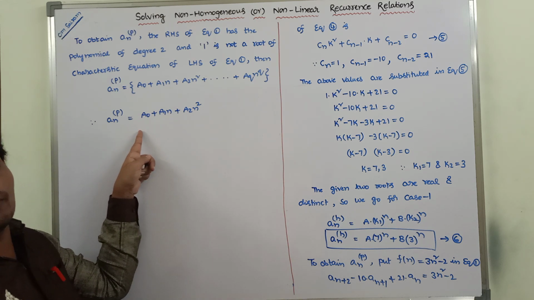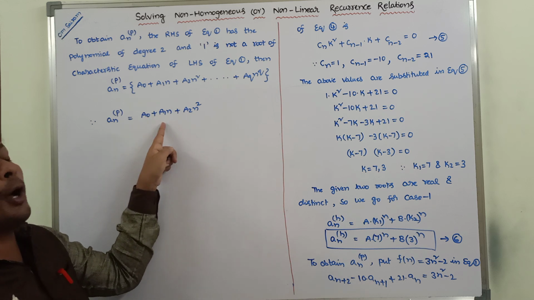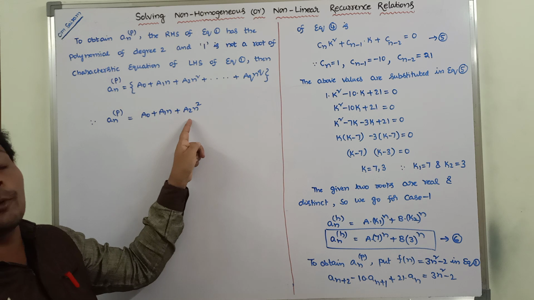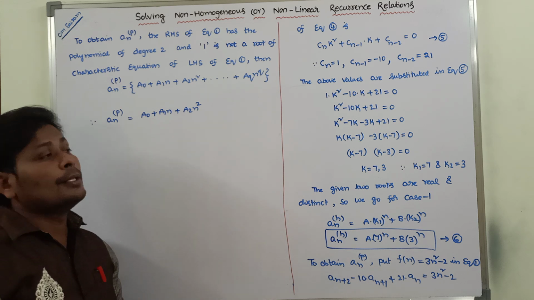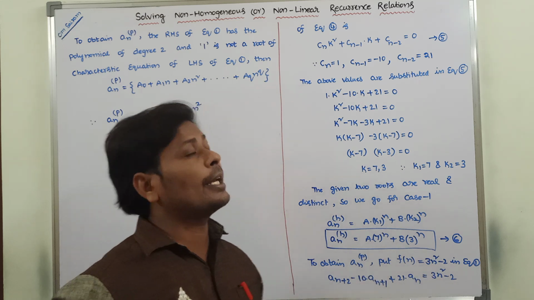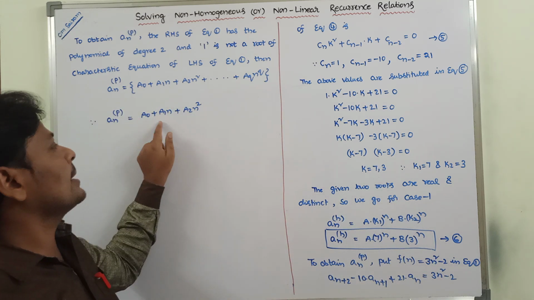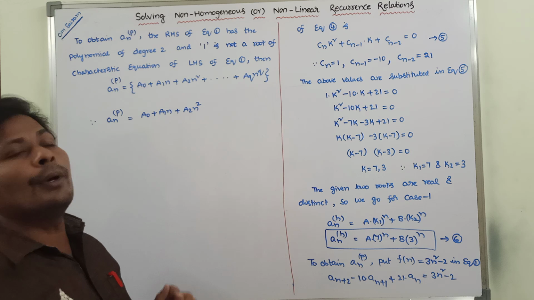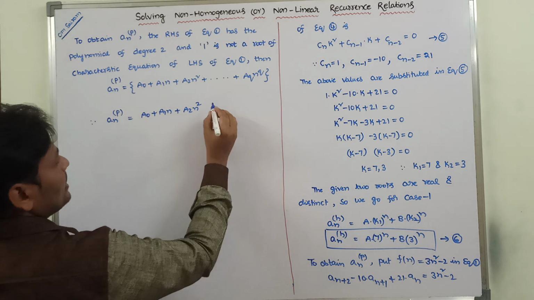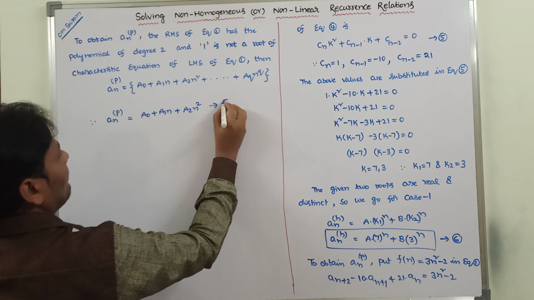Polynomial of degree 0 is constant, polynomial of degree 1 is nth term, polynomial of degree 2 is n square term. So here polynomial of degree 2 is there, hence we can go for a0 plus a1n plus a2n square. Okay, so now this is equation 7.